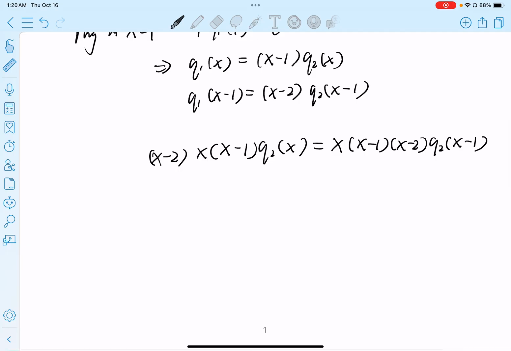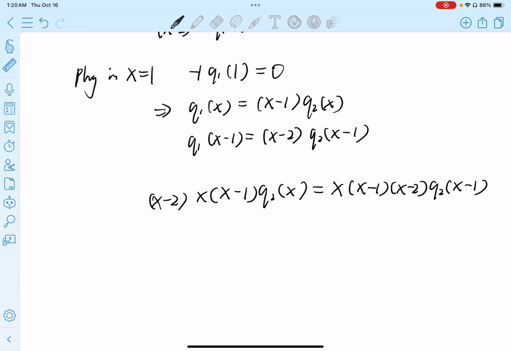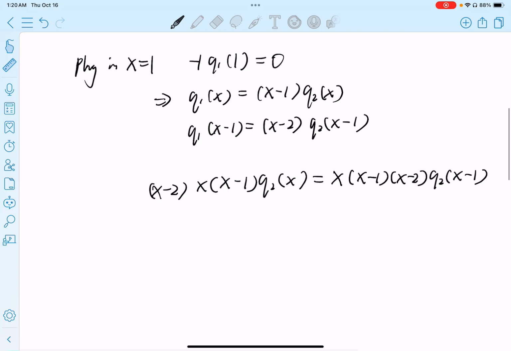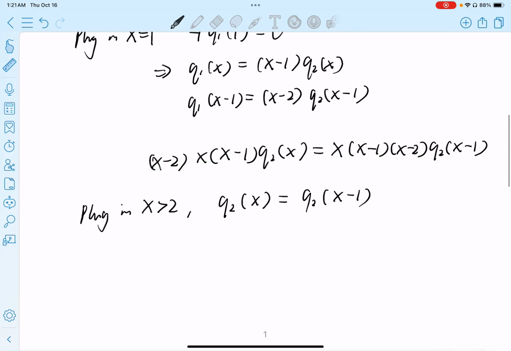For this one, if we plug in 2, then it will be 0 on both sides, so it doesn't tell us anything. But if we plug in x which is greater than 2, we get q2 of x is equal to q2 of x minus 1, because the other terms are identical. And this holds for all x greater than 2.